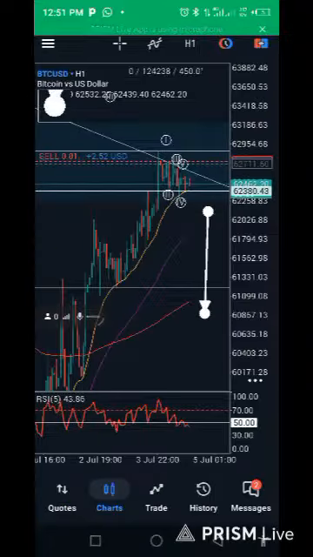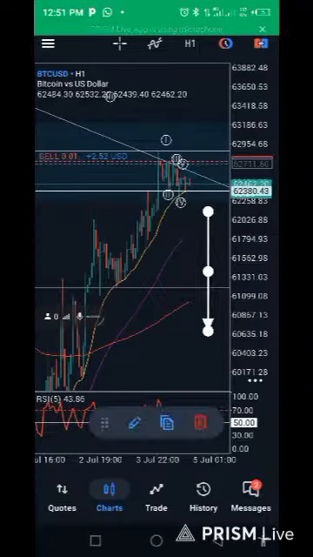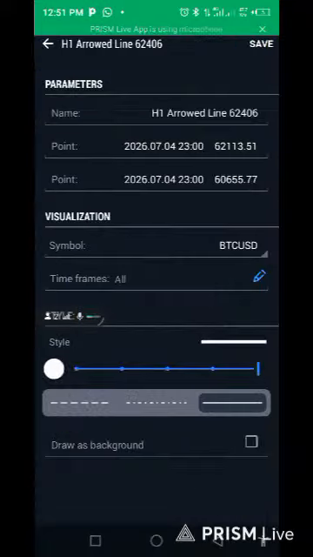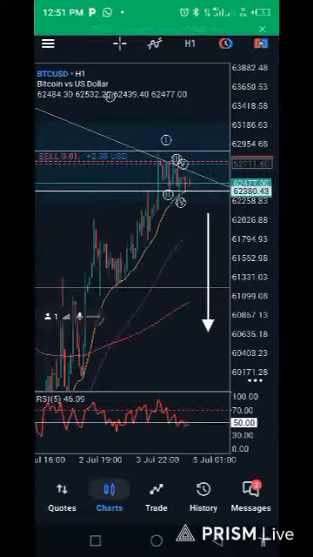So it's a bearish movement. Let's be guided. It's a bearish movement. It's a downtrend.